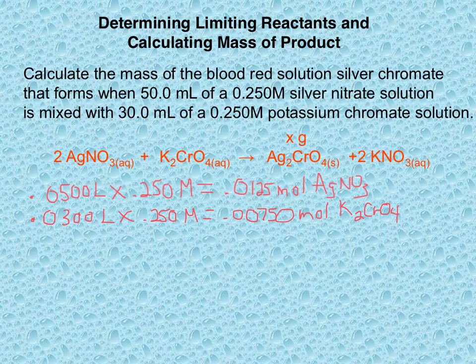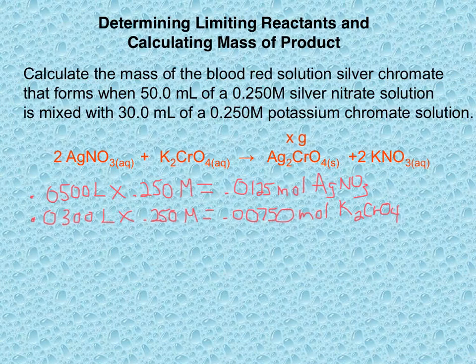We're going to take each of these numbers of moles and determine how much of this silver chromate could be produced. And if you will remember, limiting reactant problems in the past, we're looking for whichever of these reactants gives us the smaller amount of product. That will be the correct answer, and that reactant will be the limiting reactant.